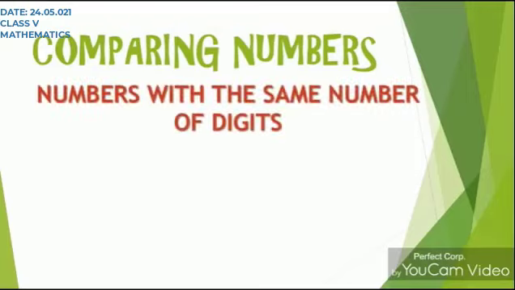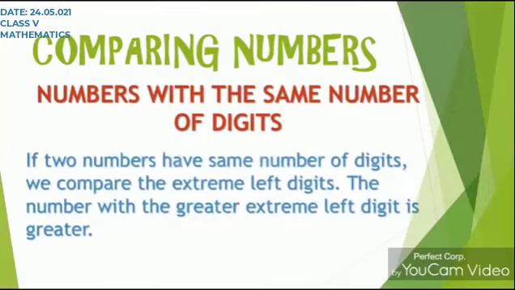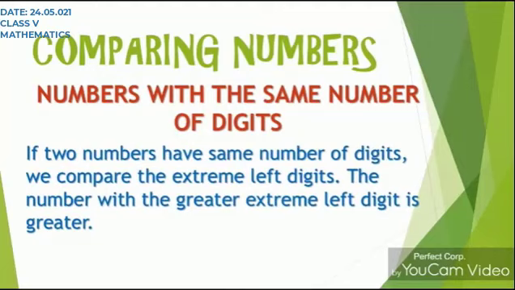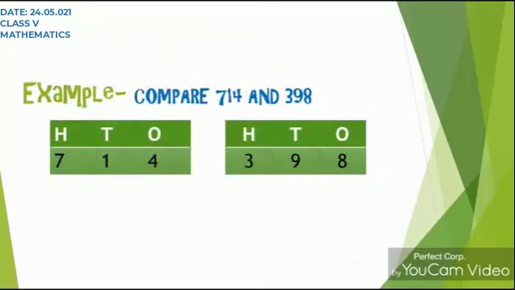Moving forward, here we can see how to compare numbers with the same number of digits. If two numbers have the same number of digits, we compare the extreme left digits. The number with the greater extreme left digit is the greater one. Let's see an example. Compare the numbers 714 and 398.